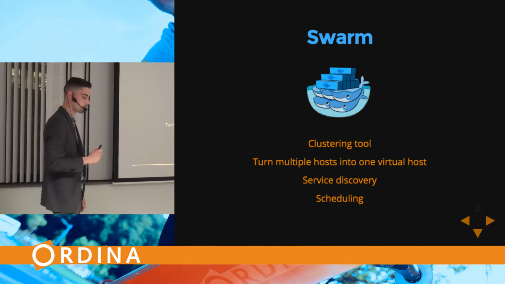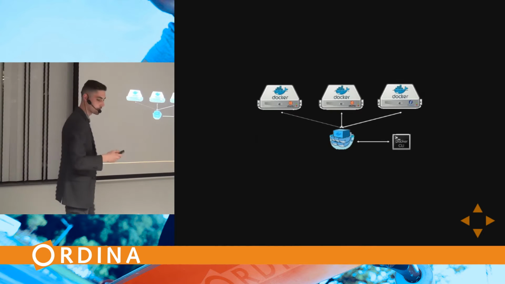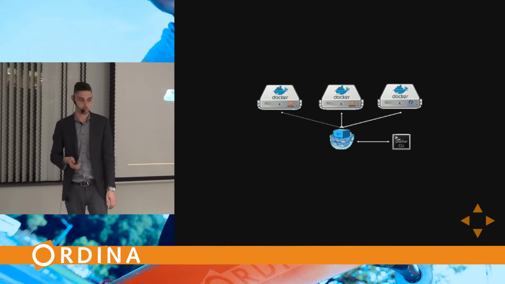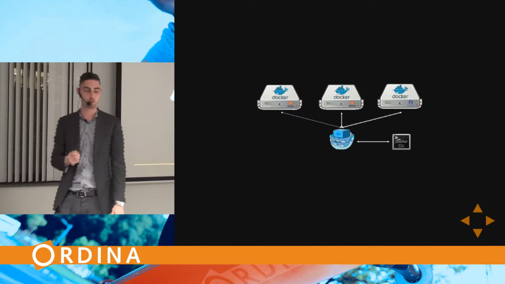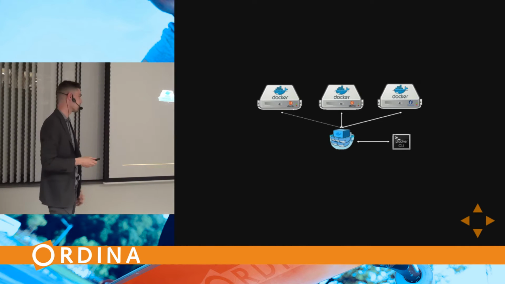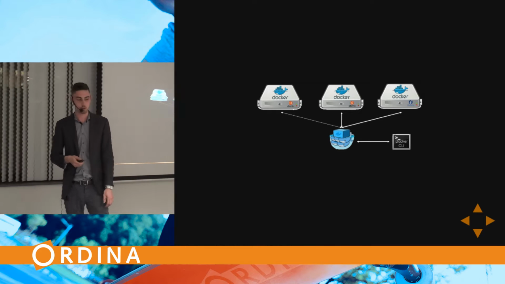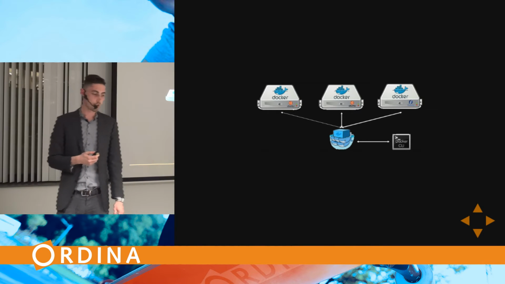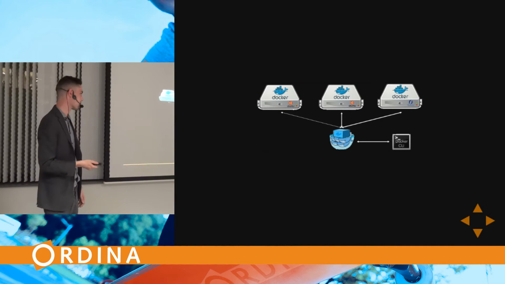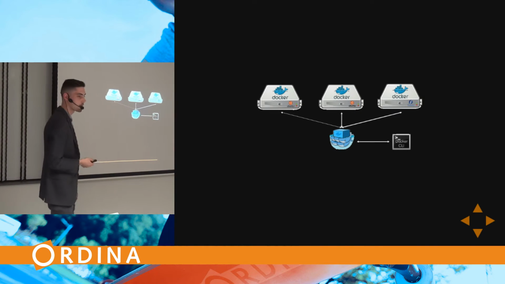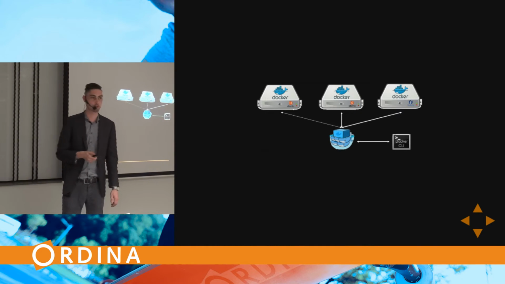If you have set it up, you can just connect to one swarm manager, which is also just a host with Docker on it, but it's called a master, or the swarm manager. And when you say, okay, run a container, then it will figure out which host is best to run it on.